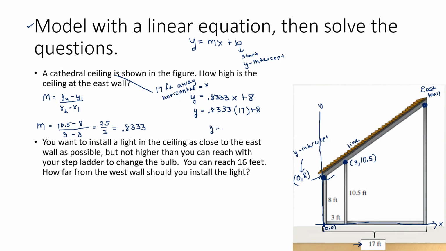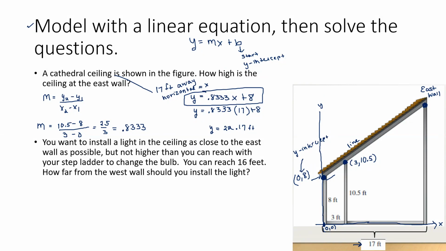So y equals 22.17 if we round off feet. And so there you have how an answer to that question, based on the really key is that we got this formula and then we just plugged in that x value.